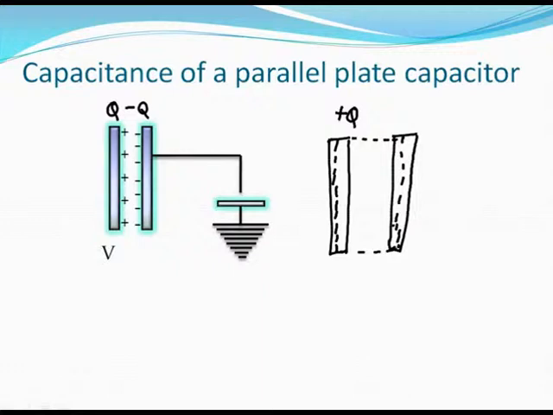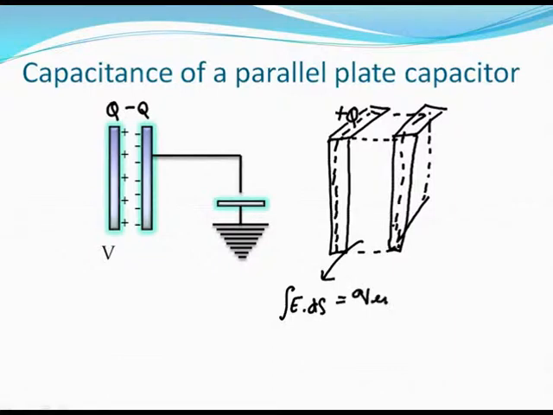Now the plates extend like this, right? So our Gaussian surface also extends like this. So it's basically a cuboidal Gaussian surface, isn't it? Now let's apply Gauss's law for this cuboidal Gaussian surface. What you will see is that net flux enclosed by this Gaussian surface is equal to Q enclosed divided by epsilon naught.